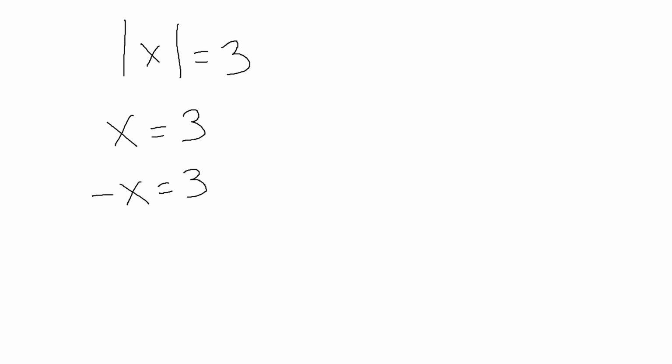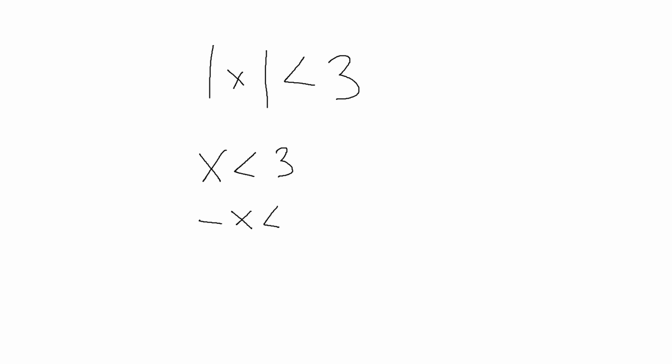Now, when we change that equal sign to an inequality, a greater than or a less than, and I have the absolute value of x is less than 3, the rules change a little bit. The rules don't really change, they're just going to be written a little bit differently. x is less than 3, but it also means -x is less than 3.